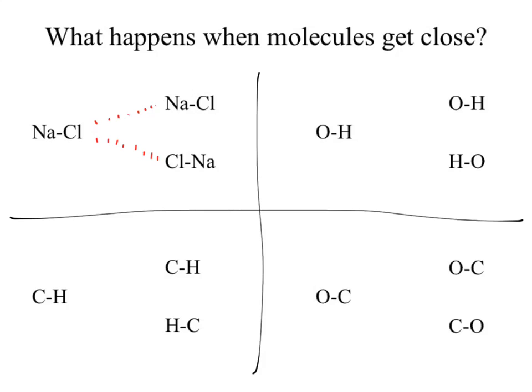Which method is the preferable one, the top one or the bottom one? Everybody agree already with him? He could be wrong. I actually didn't look at the answer. All right, you all agree with him? Is that a no? So we're looking at NaCl or the ClNa.